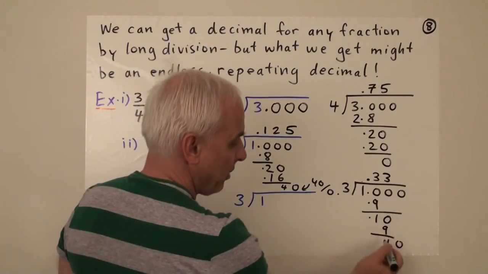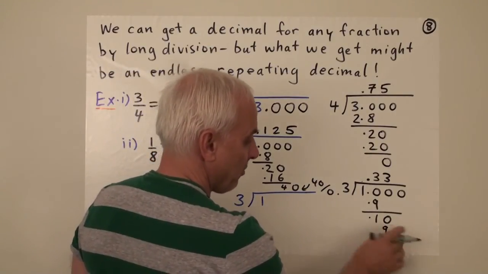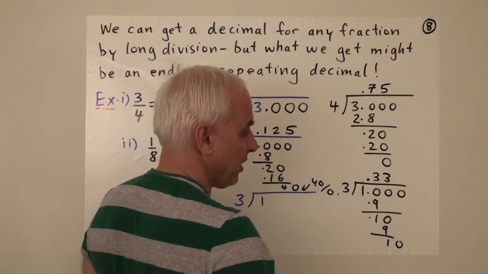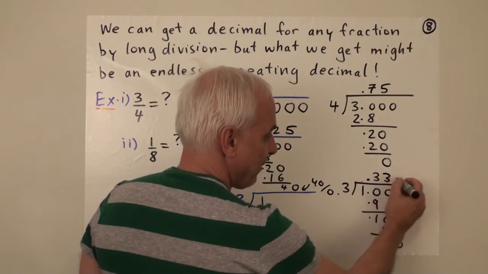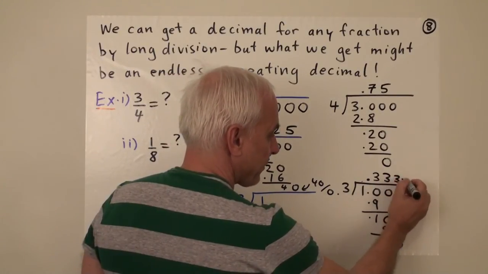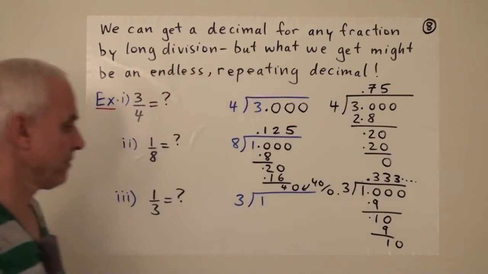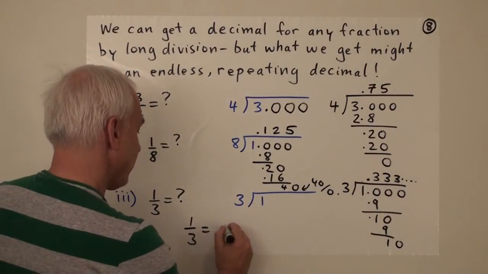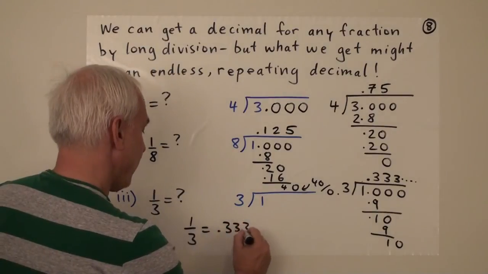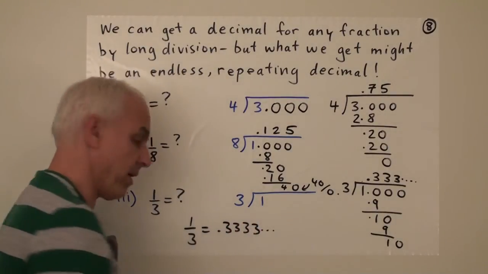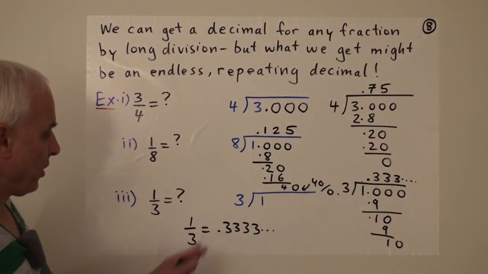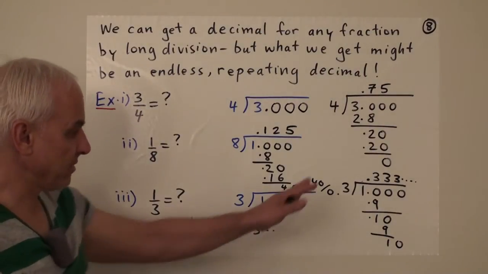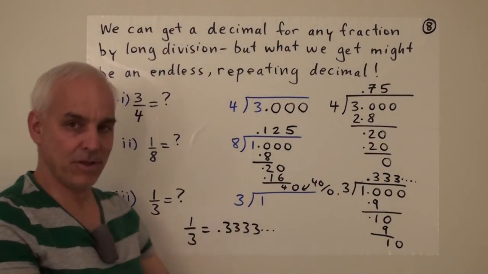We keep on getting 1, 0, but further and further over to the right. So this pattern of 3s just keeps on going. So we get that 1/3 equals 0.3333, and so on. You could keep on generating 3s by keeping on doing the long division.